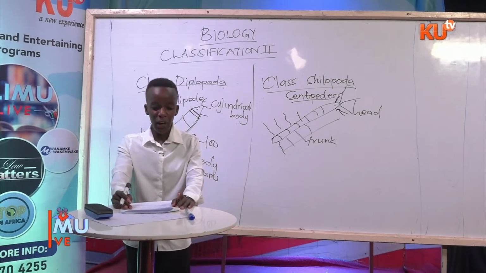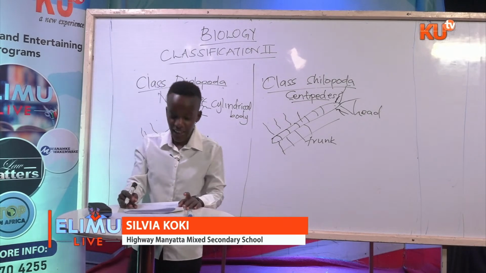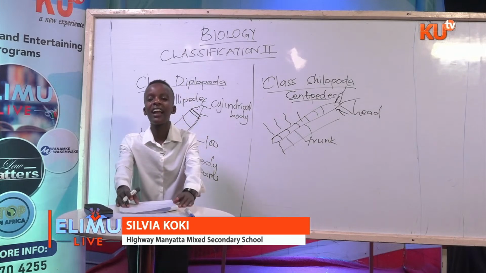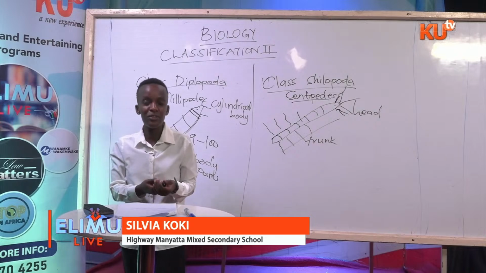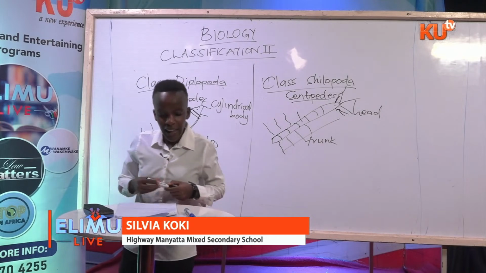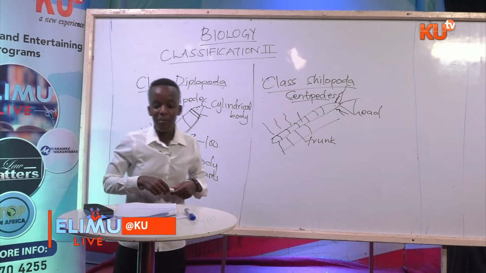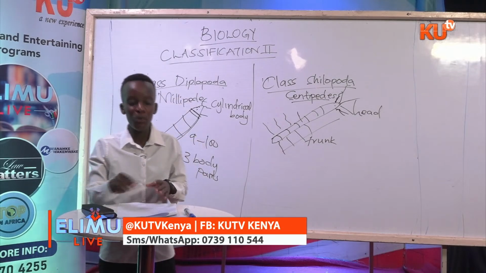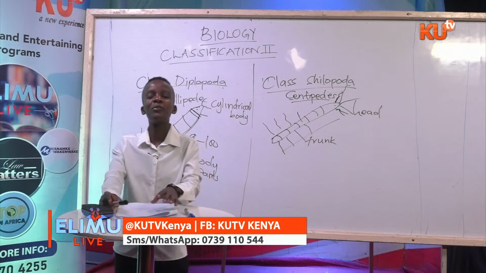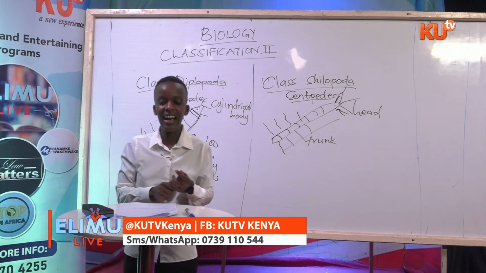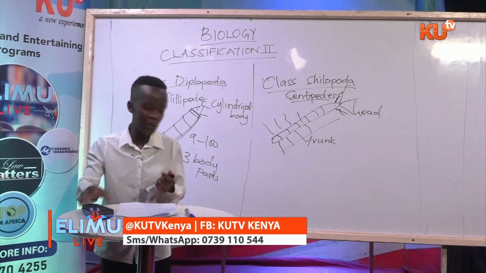We are going to finalize on our last class under Phylum Arthropoda. This is a class which most of you will have many characteristics to tell me. Class Insecta. Back then in primary, we used to do much of class Insecta, and examples of animals under this class are, for example, a housefly.